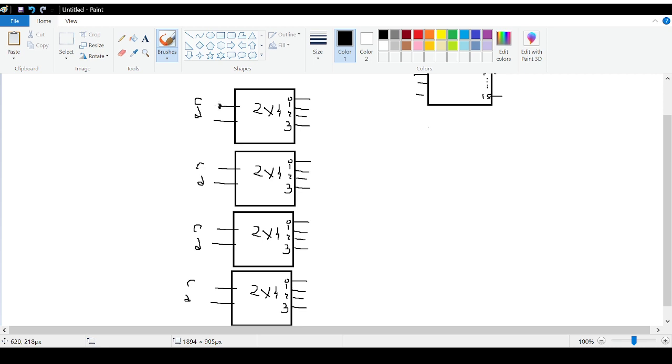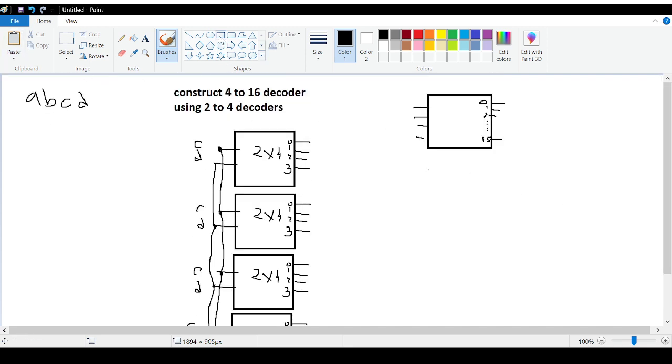So C will be connected with this. Okay, this is connecting C, and now let's connect the D's. So we have connected the C's and D's.